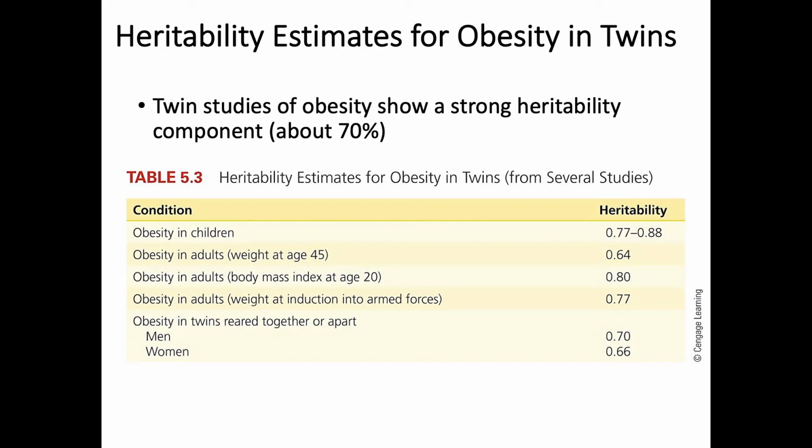When heritability equals 0, the trait is 100% controlled by environment. You can see that in different studies, the heritability is between 0.6 to 0.9, indicating that obesity is affected by both genetic factors and environmental factors, and genetic factors weigh more.